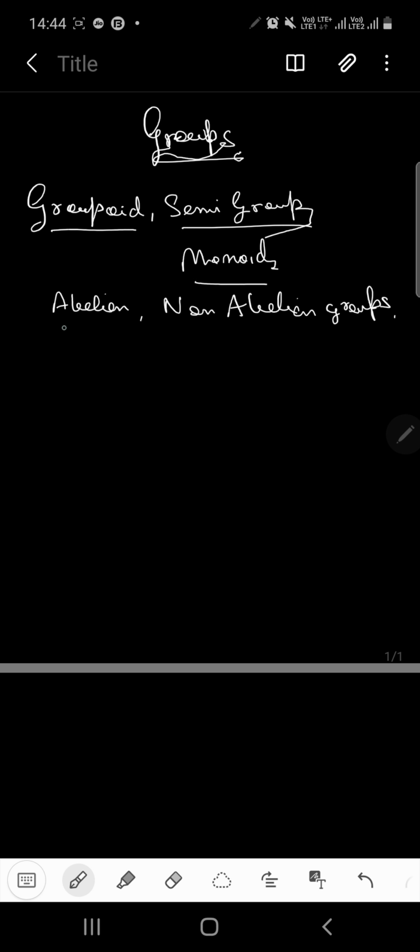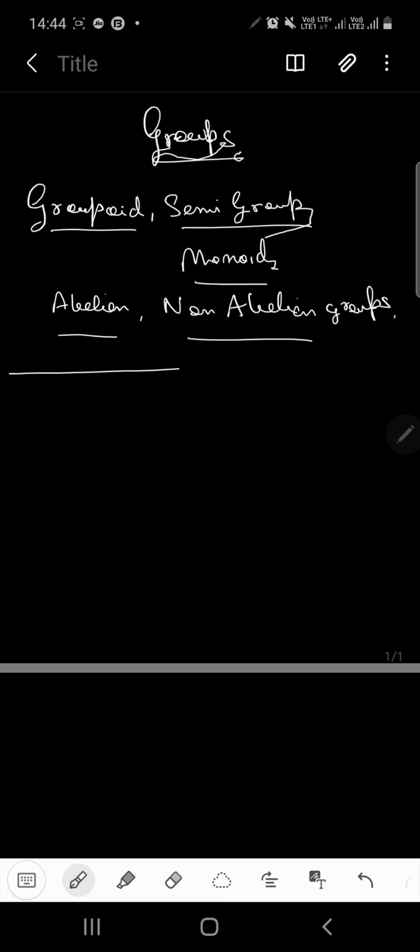In this lecture, we will learn about groupoid, semigroup, monoid, abelian and non-abelian groups. So these things we will be learning today. They are the elementary steps which lead to the formation of groups.